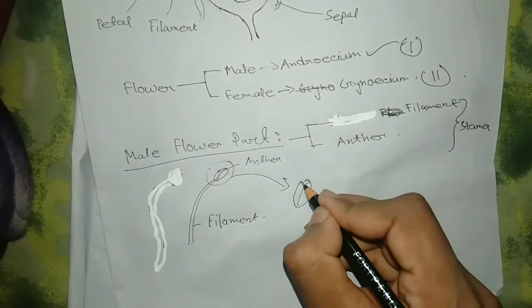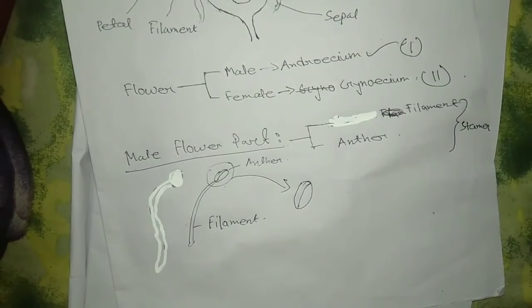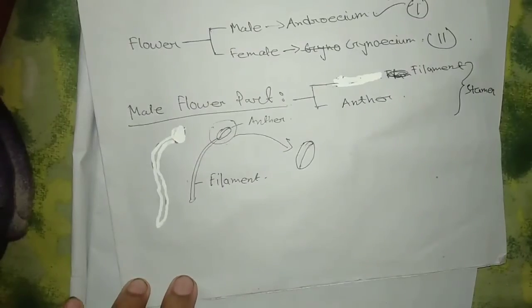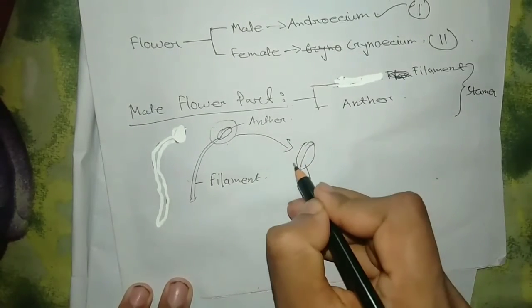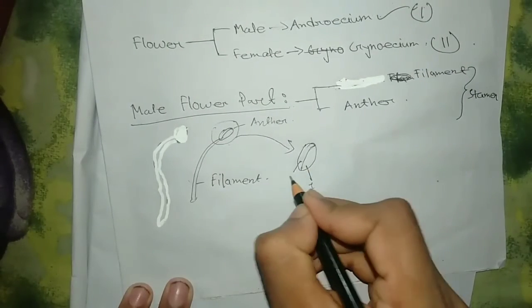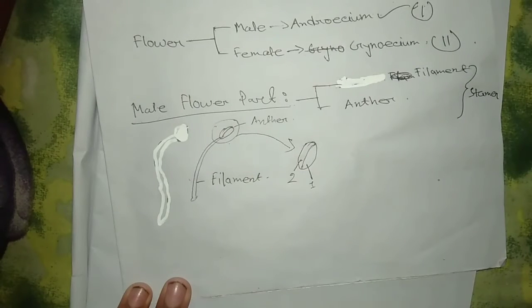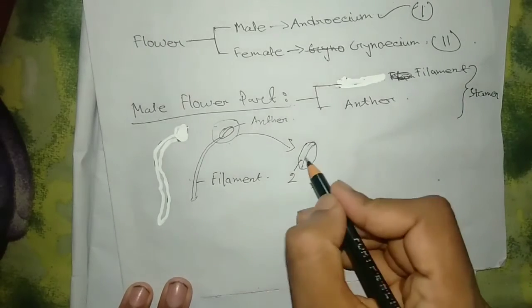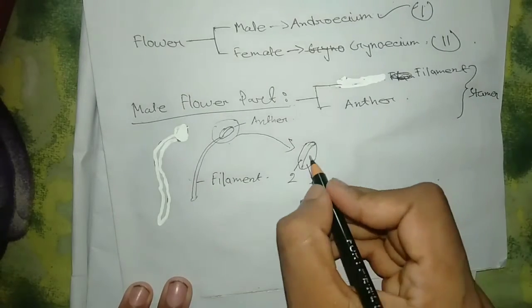It is bilobed, with lobe 1 and lobe 2. If we study carefully, we will find that each lobe has two parts.